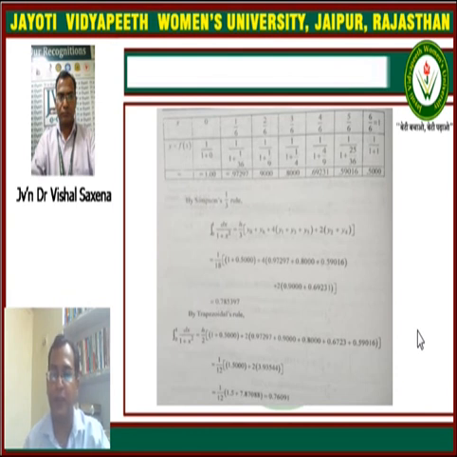We just have to put all the values in this formula, with h given as 1/6. After solution, the value of the integral is 0.785397. So that is quite approximate to the value of the integral found by the trapezoidal rule.